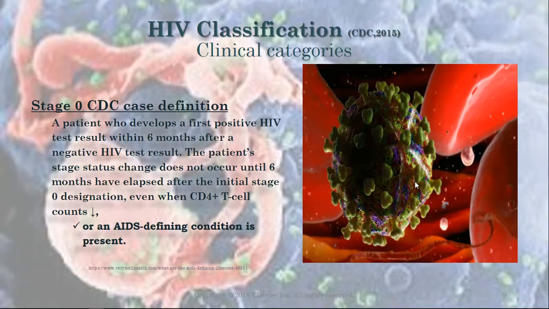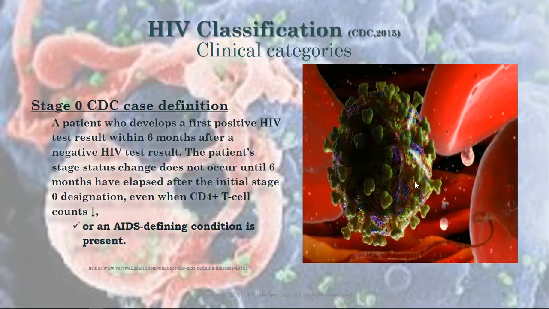And this usually occurs within 6 months after the negative HIV test result or that initial exposure. So the patient's stage status change does not occur until 6 months have elapsed after the initial stage 0 designation, even when their CD4 T cell counts are decreased, or they have an AIDS defining condition.